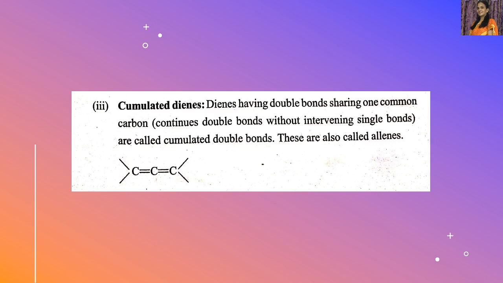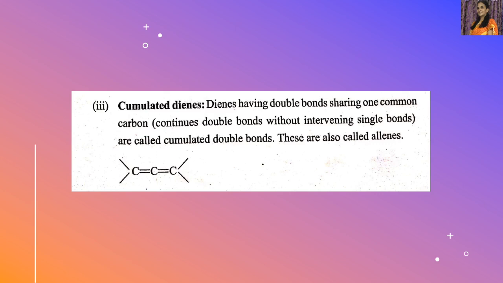Okay, so this is a cumulated diene. Two double bonds without the separation of a single bond, and two double bonds they share one common carbon. Continuous double bonds when they are present without any separation of a CC single bond, then it is called cumulated diene, and which is also known as allene.